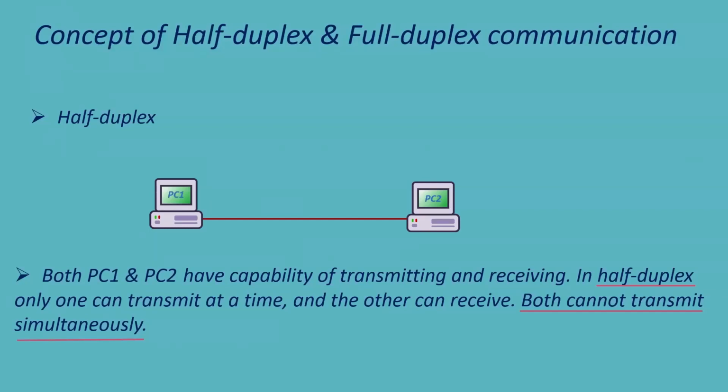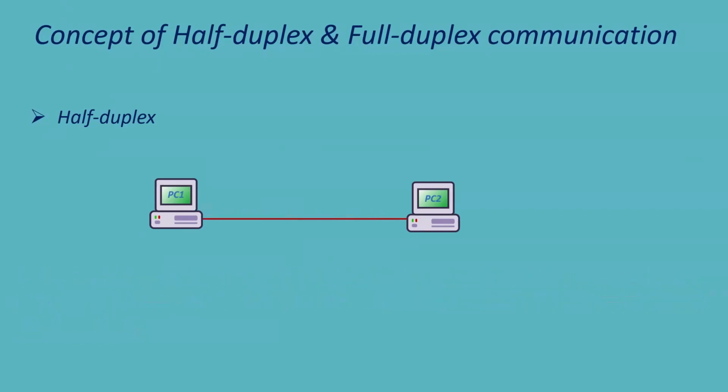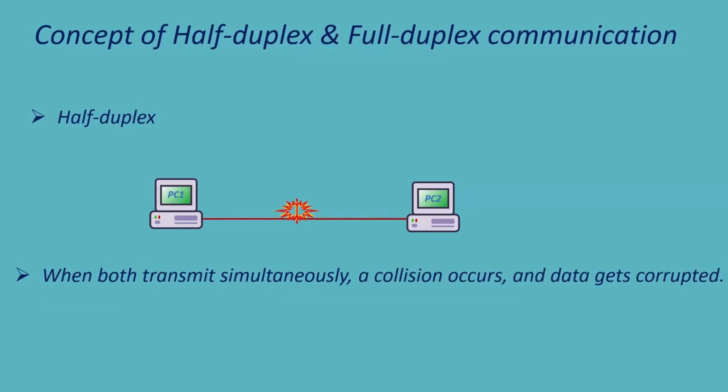But the transmission medium does not allow both of them to be sending simultaneously. Only one at a time can send. PC1 can send to PC2, and similarly PC2 can send to PC1, but both cannot send at the same time. This is half duplex. And if both transmit simultaneously, a collision occurs and data gets corrupted.